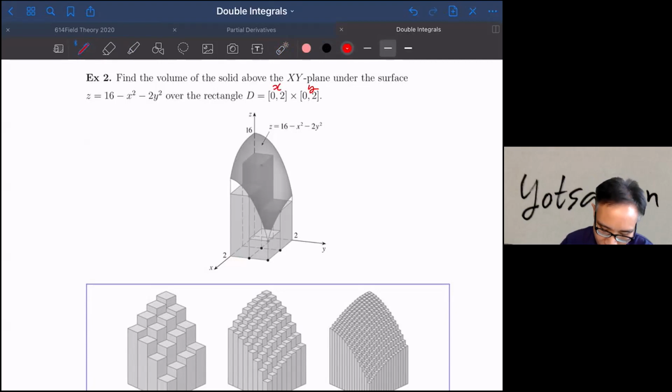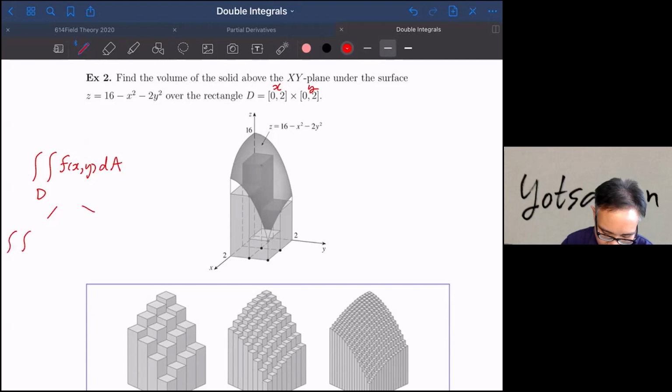I told you before that this is going to be the double integral over the region D of your surface f(x,y) dA. This can be written in two ways.